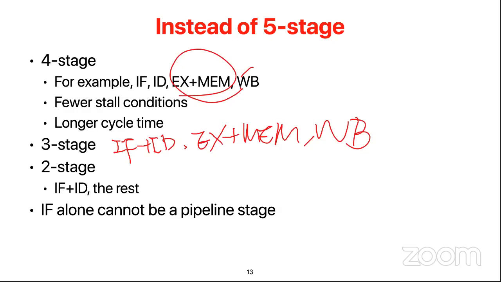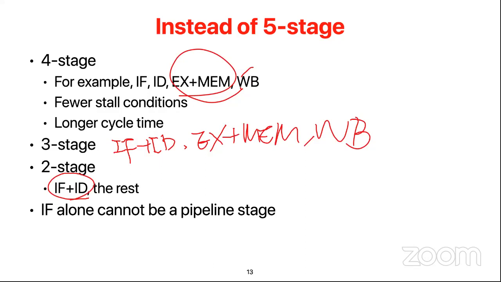And for 2-stage, the only available option is to combine IF and ID together as one stage and the rest as another stage. There is a specific reason we want to do that: we want to make sure that you understand what's going on with data hazards and control hazards.